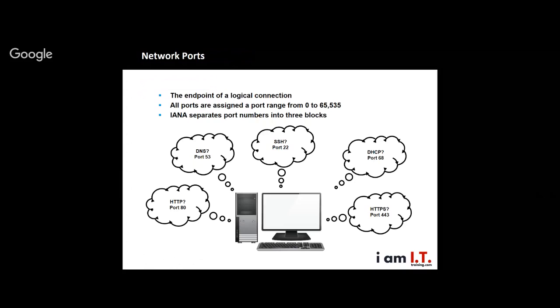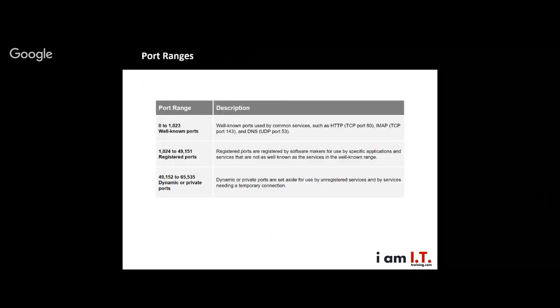Now, all ports are assigned a number, and the range is from 0 to 65,535. You are not going to have to memorize all of those ports, I promise, but some of them you are going to. Now, there are ranges that are important here that you need to know. 0 through 1023 are what are called well-known ports.